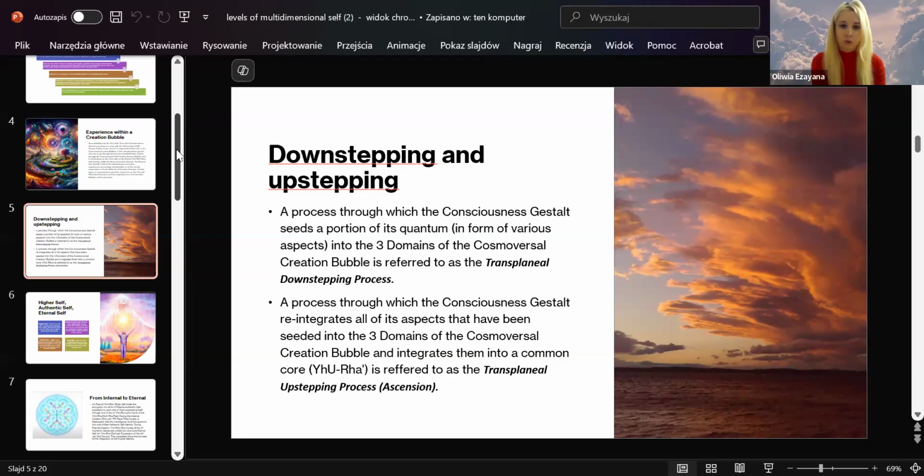It's allowing you to progressively bring all of those aspects from other dimensions into your core so that you could transition in a much accelerated way into the internal, eternal, or even the transcendental domains of the source field. So this is basically the main difference.